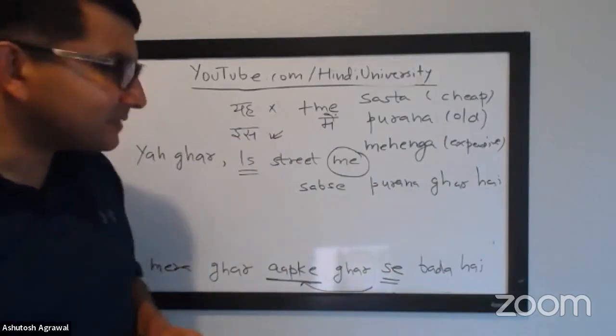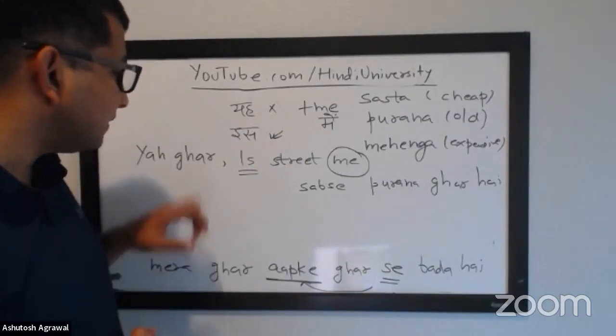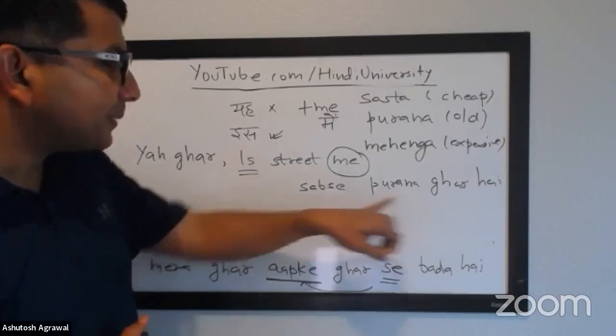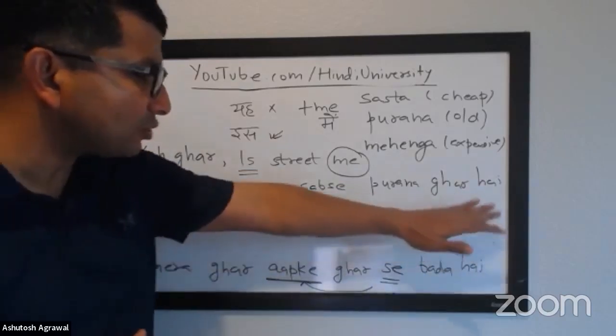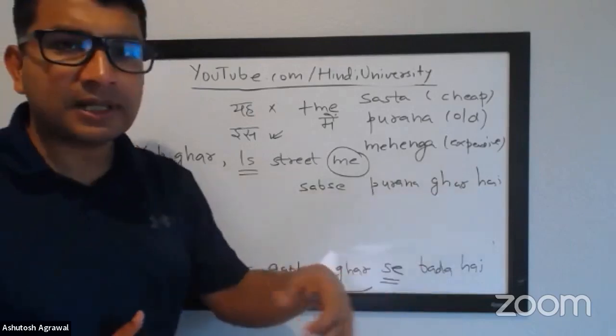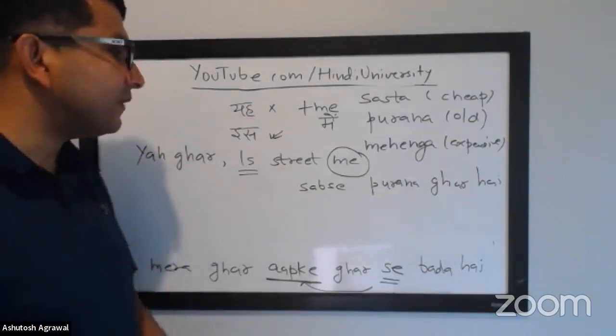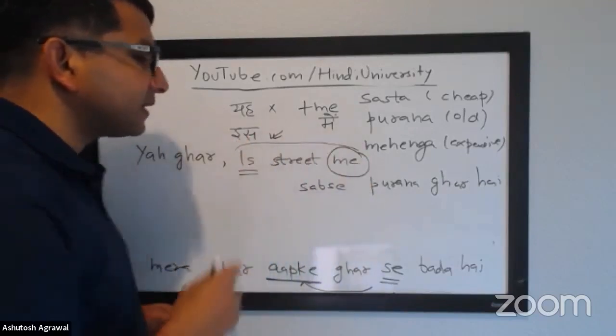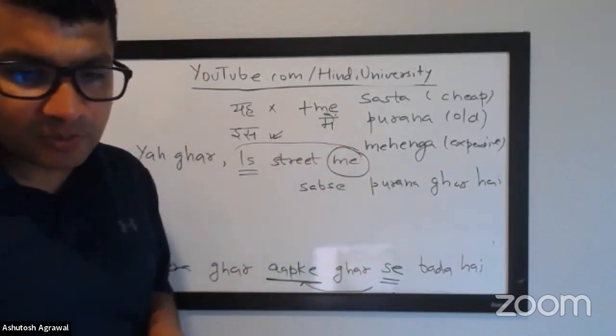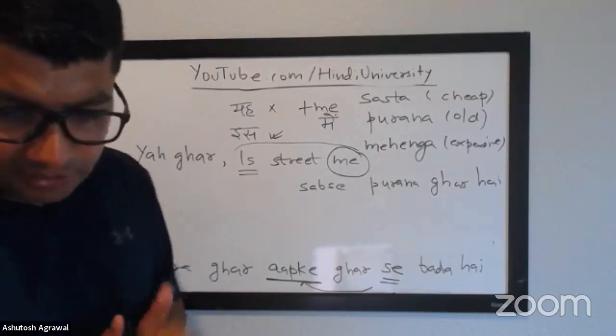That's why you're using इस सड़क पे और इस सड़क में. यह घर, this house, सबसे पुराना है. If you were to just say that, it's also correct. यह घर सबसे पुराना घर है. This house is the oldest house. Now you want to qualify, and that's why you're using इस सड़क पे. So great job there. Any questions on this one?